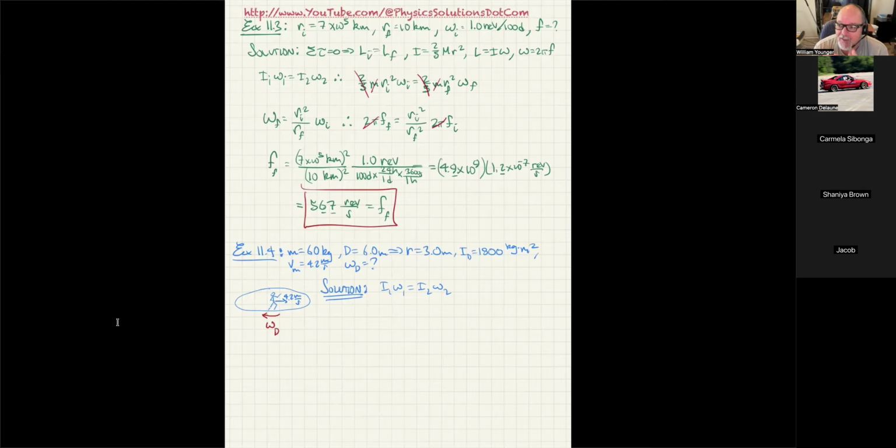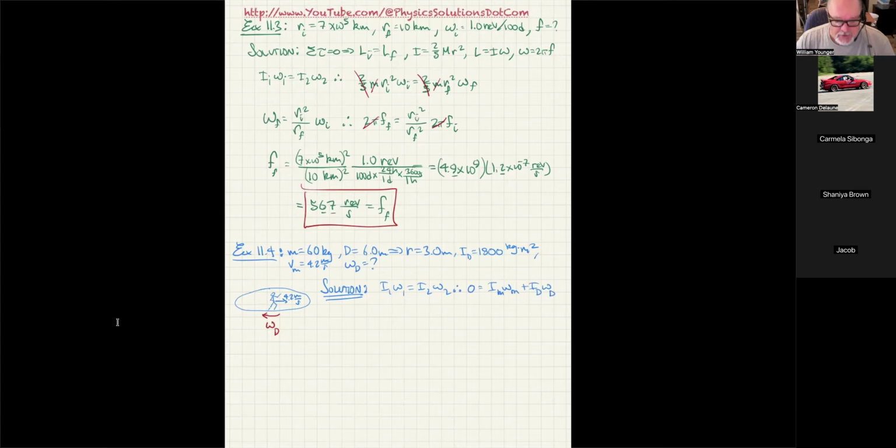And here's the big deal. Initially, the man stands still on the platform and the platform stands still. Then all of a sudden, the man starts to run in what we would say is the counterclockwise direction as seen from above, and the disk is going to start to rotate in the clockwise direction. So we have 0 equal to I m omega m plus I disk omega disk, because initially the angular momentum is 0 and after they start it's got to stay 0.